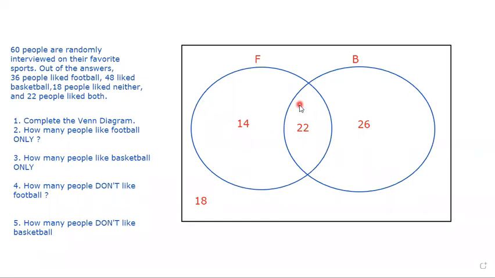Out of 36, 22 like both, but out here, it's 14. They like only football. How many people like basketball only? As we can see out here, that would be 26 people. All right, let me put my question marks in here.